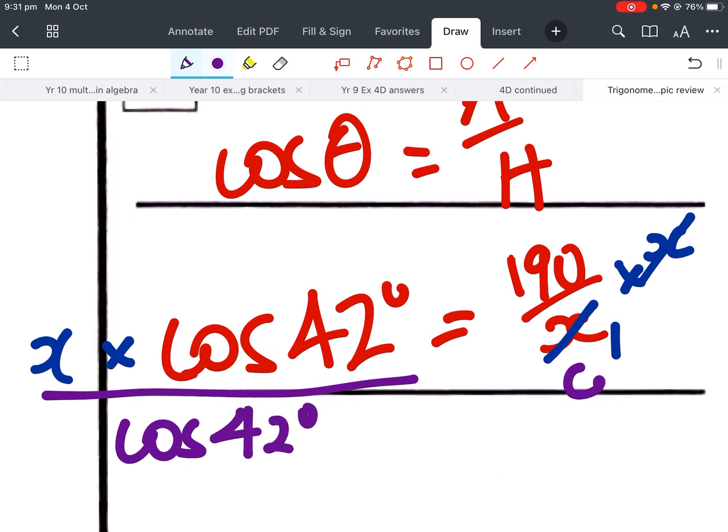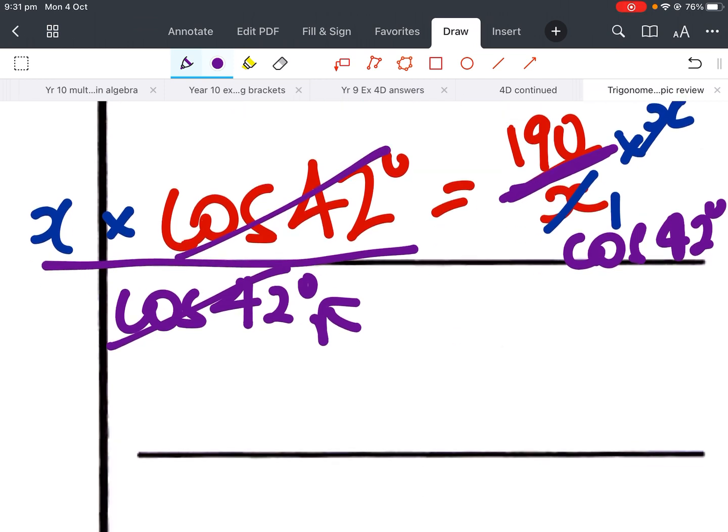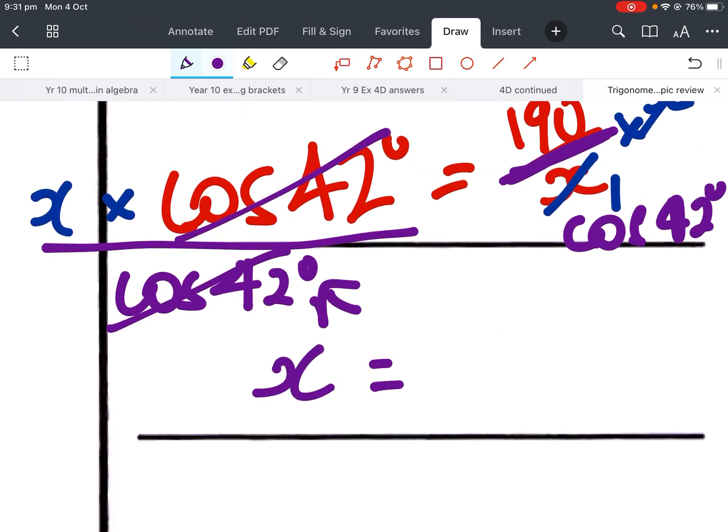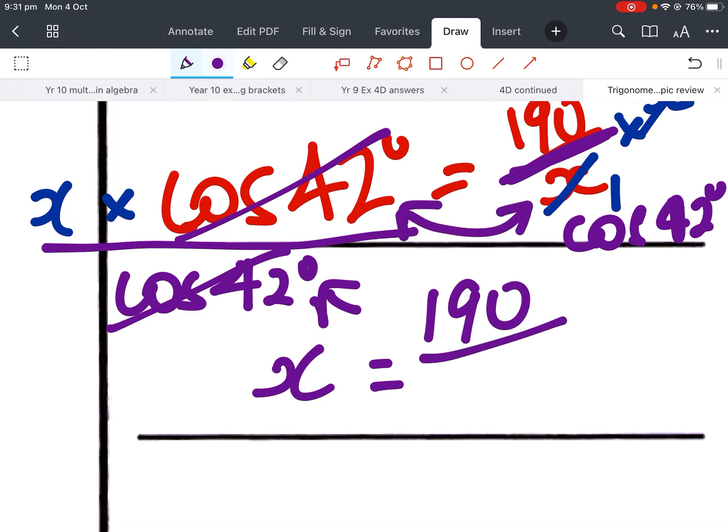So I must divide this side. See how the cos 42 is on the bottom of the fraction? So put the cos 42 on the bottom of the fraction over here too. They cancel out and you end up with X equals. So either you do the swapsies, which is just swap the X and the cos 42, or you can do the long way round, which is you end up with X equals 190 over cos 42.